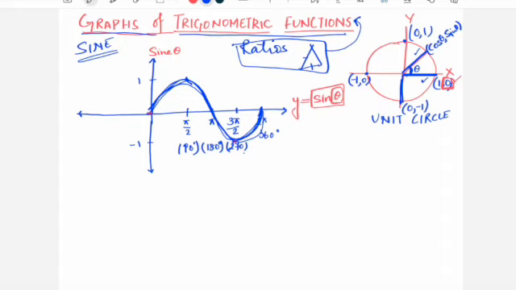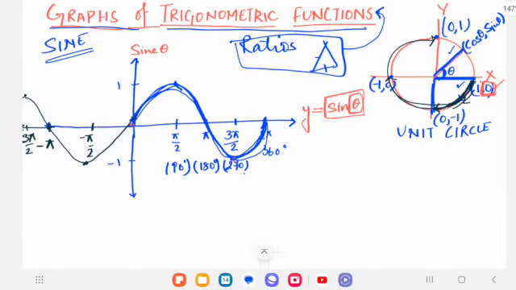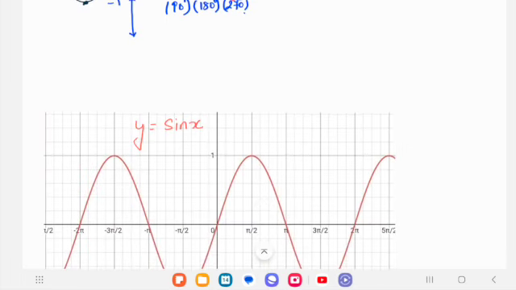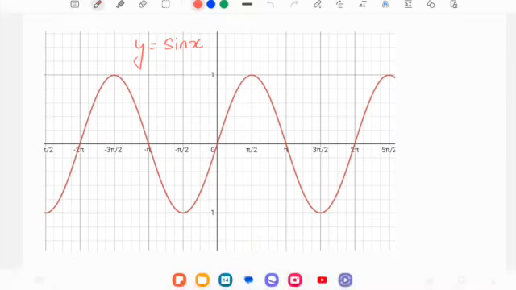Before we go to the transformations, now that we have done the sine function, how to create it and how the unit circle is linked to it, let's see the transformations. That is our normal sine curve. This normal sine curve has its first turning point at 90 degrees, or pi over 2, and that is a maxima.